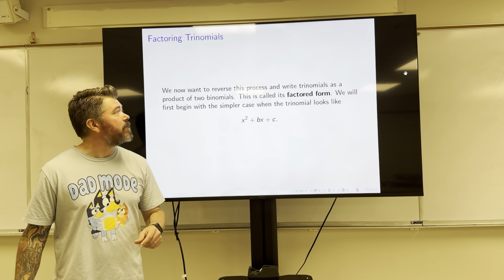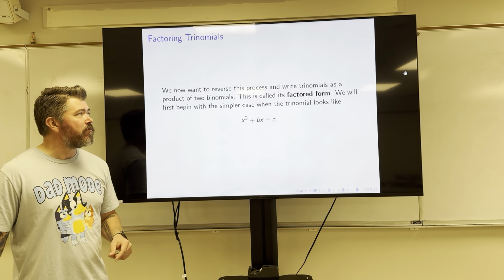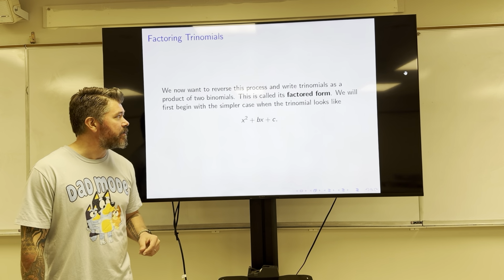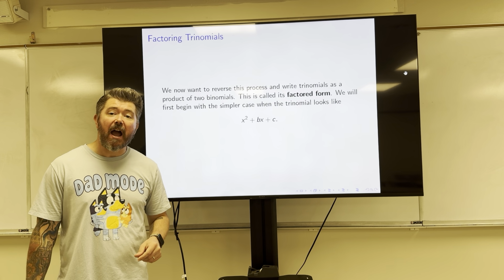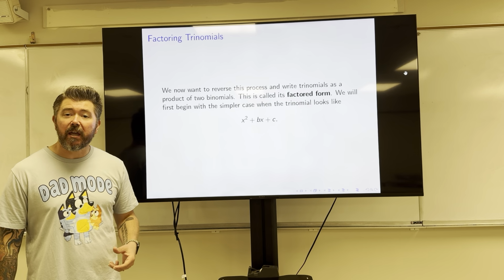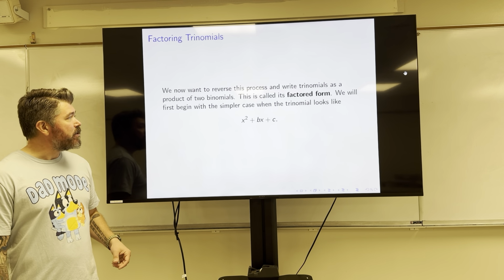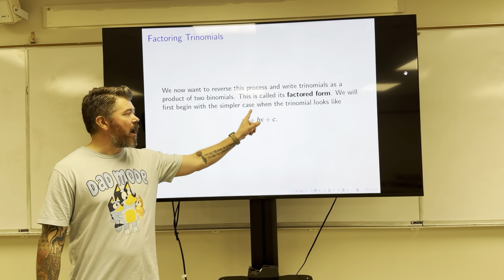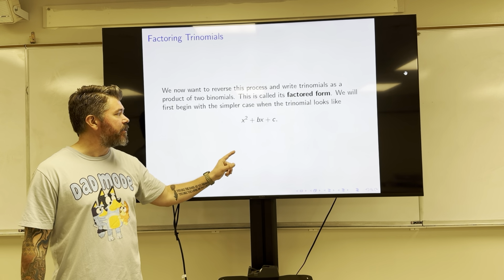Now we want to reverse this process and write trinomials as a product of two binomials. And this is called its factored form. Remember, factored forms are just multiplications. We will first begin with the case where we have a trinomial that looks like this.